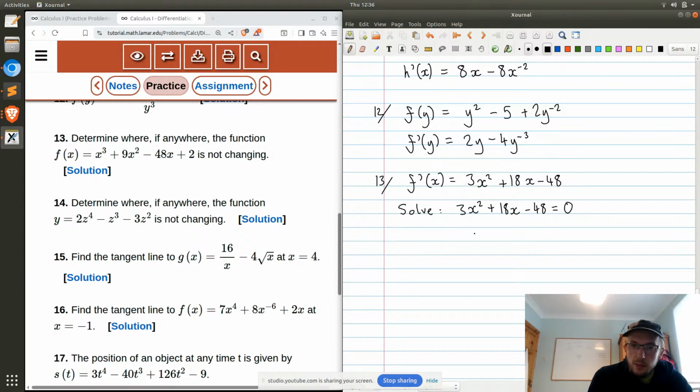Everything is divisible by 3 here, so we divide through by 3. This can be factored.